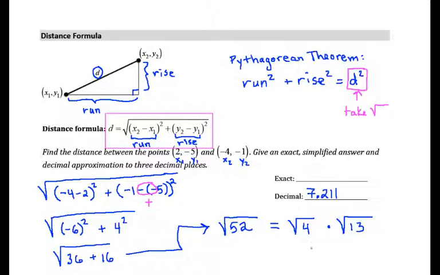The square root of 4 becomes 2, and the 13 has to stay inside the square root because it does not have any perfect square factors. So my exact value, we never get a decimal approximation if we're asked for an exact value. We want to keep it in this symbolic form if necessary and simplify it as much as possible. So this would be our final answer.